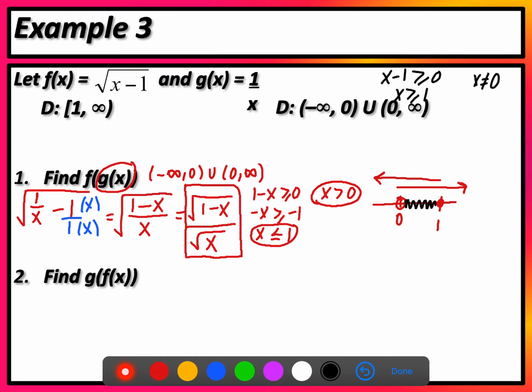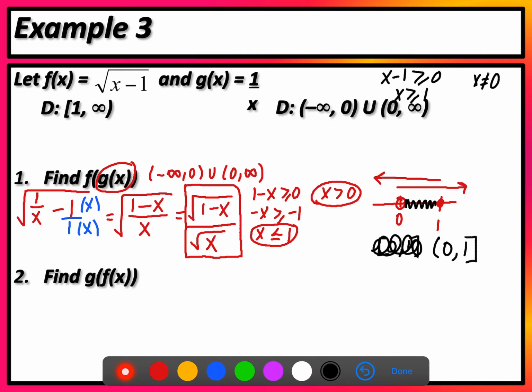That would be the only place where I could satisfy both of those. Now, I want to compare from 0 to 1 with the original domain. I'm looking at 0 to 1 here, and actually that's not right because we're not including 0. That's an open circle.